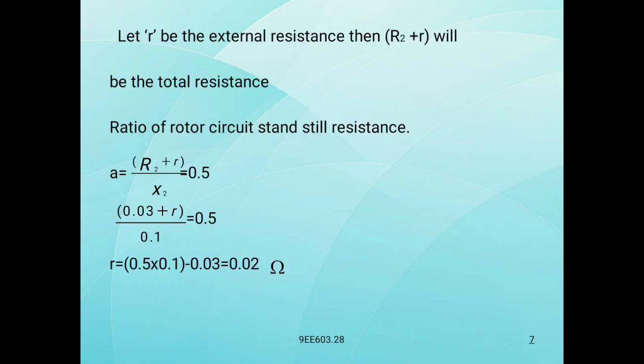The external resistance added to the rotor is 0.02 ohms. Here R2 plus R is 0.03 plus 0.02, that is 0.05, the total resistance of the rotor, but the external resistance is 0.02.